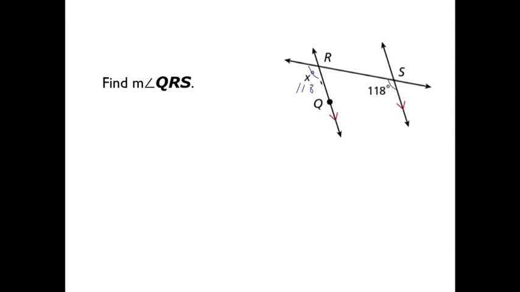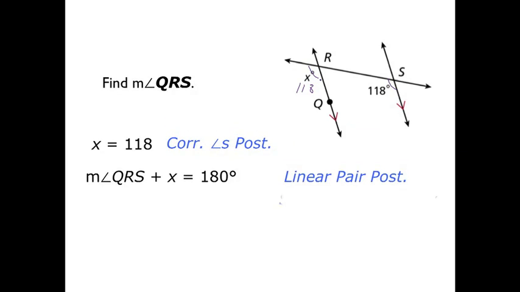So either way, at some point I'm using my supplementary rules, whether I'm doing it with consecutive interior angles or using the corresponding angles postulate and then using the linear pair postulate to say these have to add up to 180. Either way, I'm going to get 62 degrees for my final answer.